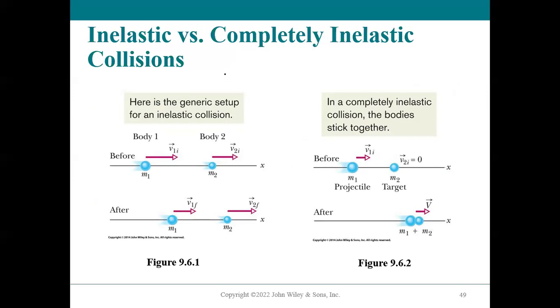Here is the generic setup for an inelastic collision: body 1 and body 2, before the collision with m1 v1i and m2 v2i. In an inelastic collision they do not stick together, but in a completely inelastic collision, after the collision they stick together.